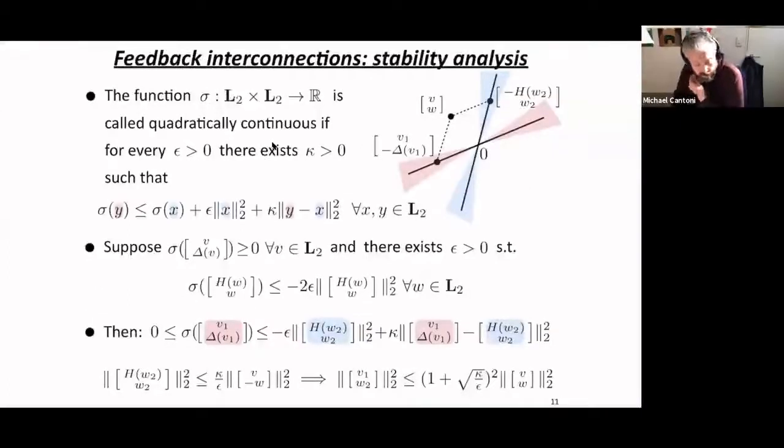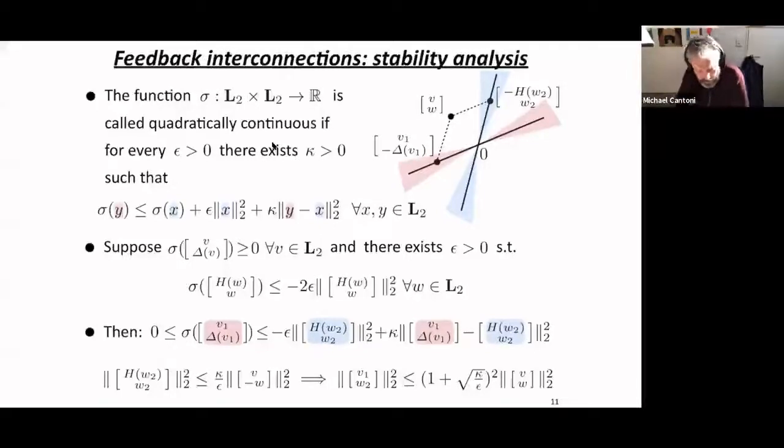So let's suppose that I've got a function sigma that is a mapping from L2 cross L2 to the real numbers. And let's suppose that it's quadratically continuous in the sense that for every epsilon greater than 0, there exists a kappa greater than 0 such that this inequality holds.